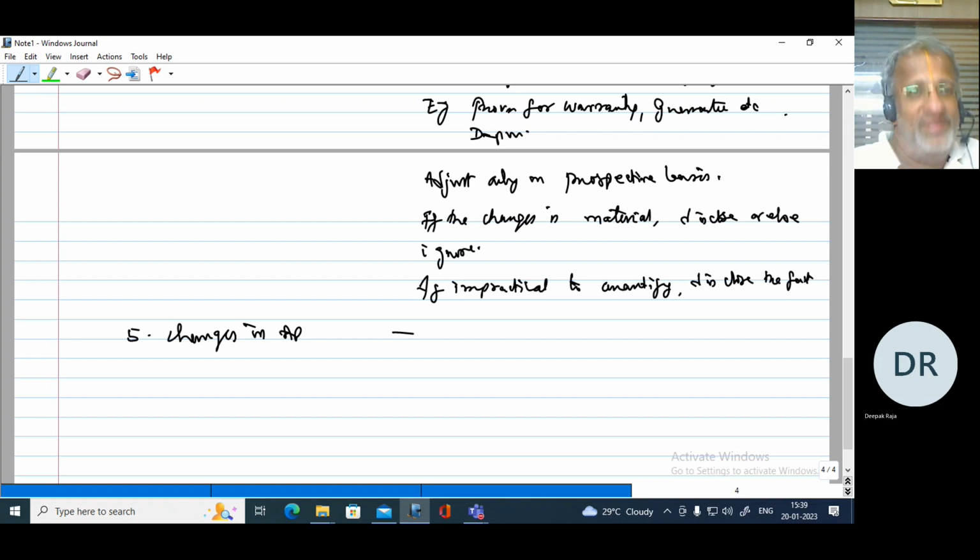What do you mean by accounting policy? Application of a method of accounting to follow a principle. For charging depreciation I have various methods: WDV method, straight line method, sum of the years digits method and so on. Choosing WDV is my accounting policy.